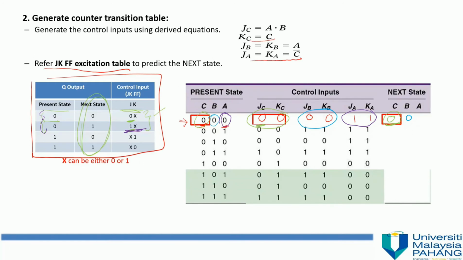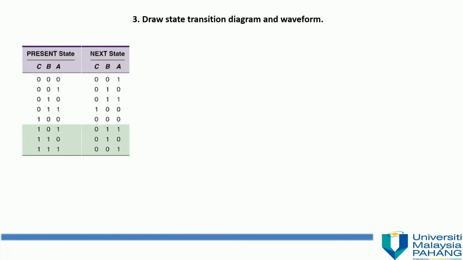So the next state equals 1. We repeat the same operation for the other present states, so we get the next state table like this. From the present state and next state table, we can draw the state diagram and the waveform.